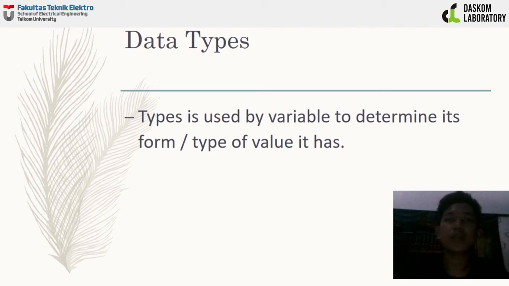Name must contain my name, so it must contain characters, alphabet. So the data type of the variable name is character. I'm going to explain it next.